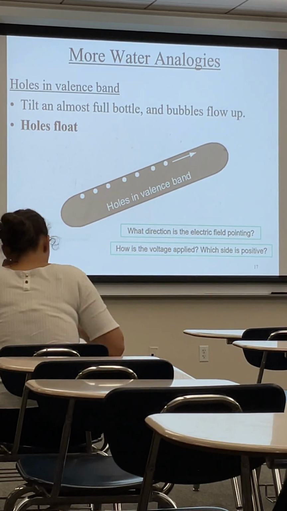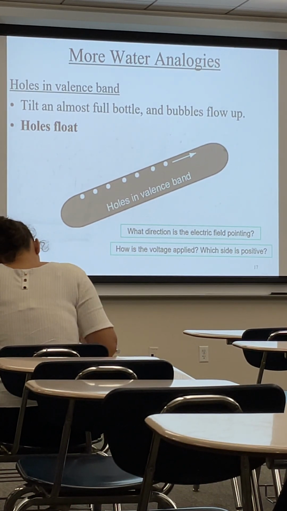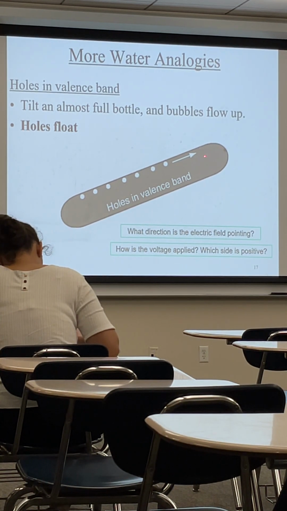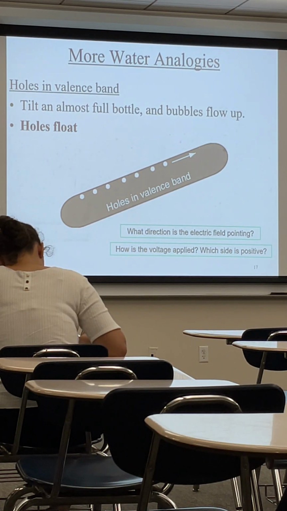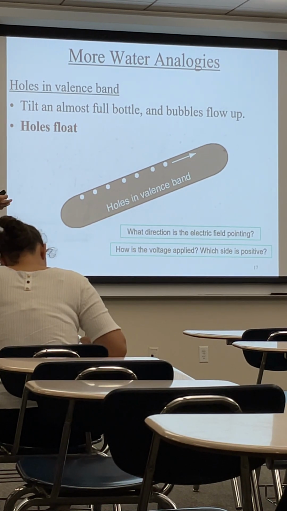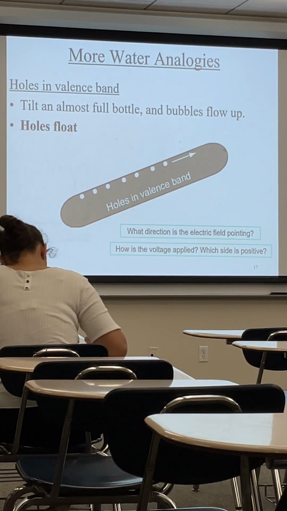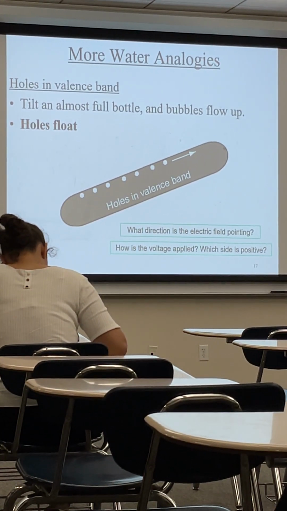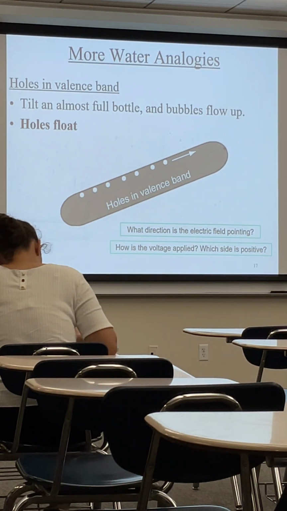So you can solve this using two ways, right? First is based on this water analogy. Holes are moving to the right, because holes float, and this hole moving direction is the same as the electric field direction.